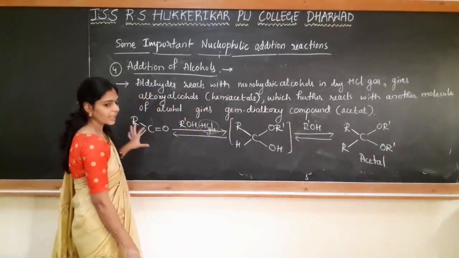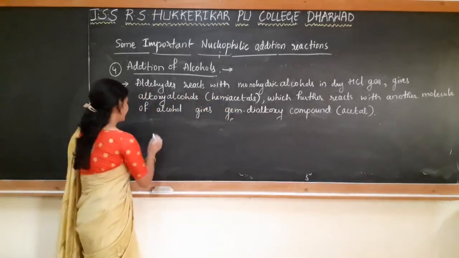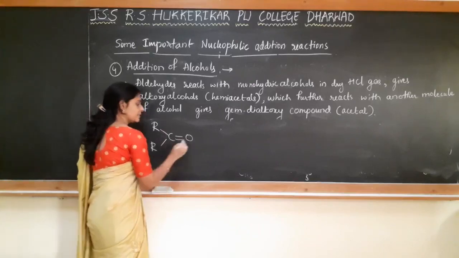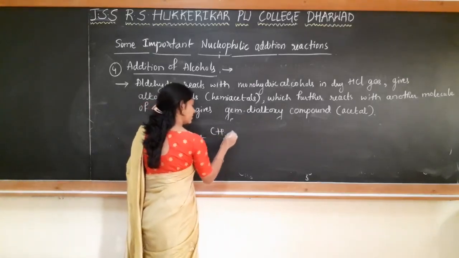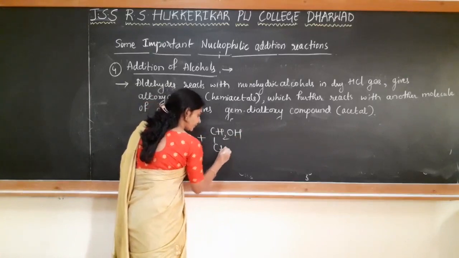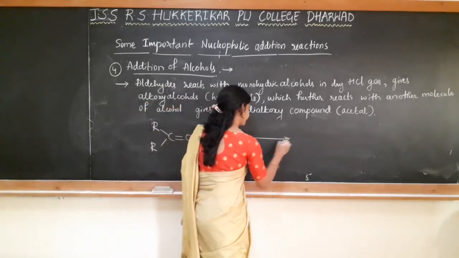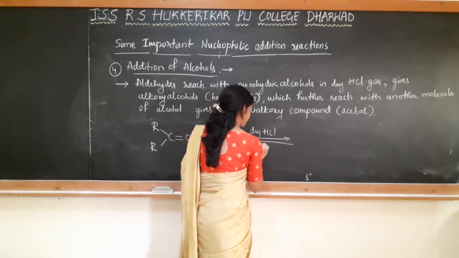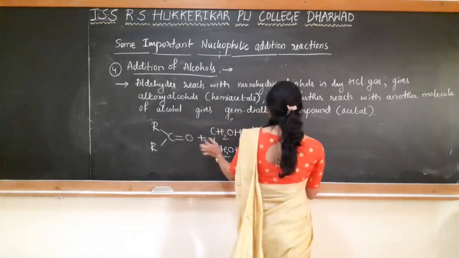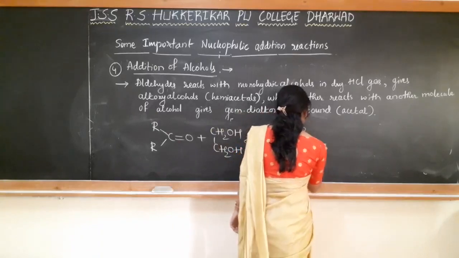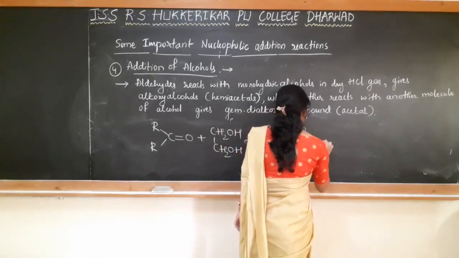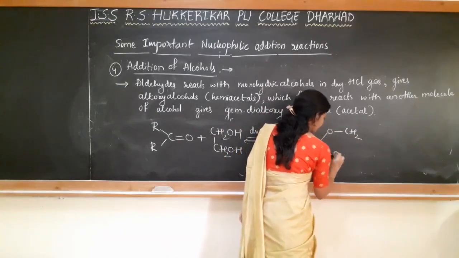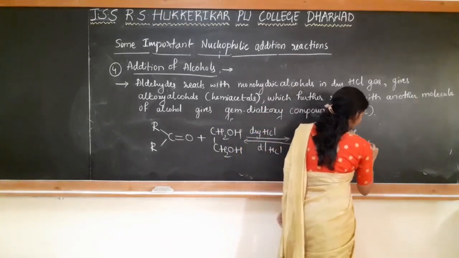Similarly, what happens when it is treated with a ketone? If I take an example of a ketone, when a ketone is treated with ethylene glycol, a dihydric alcohol, in dry HCl gas, a ring compound is formed, which is called a ketal, with the loss of water.